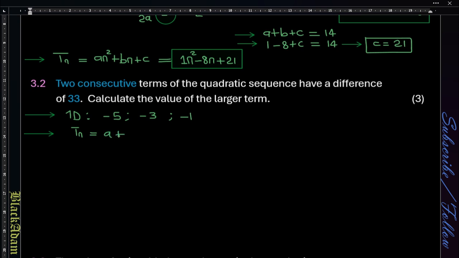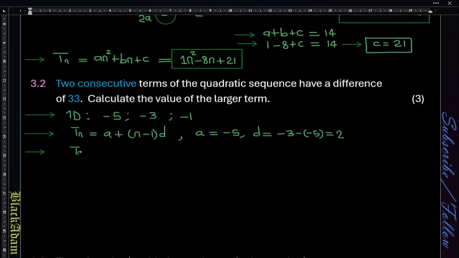It is a plus n minus 1 multiplied by the common difference d. So our a is negative 5, and our common difference is negative 3 minus negative 5, giving us 2. So we can write the equation now.